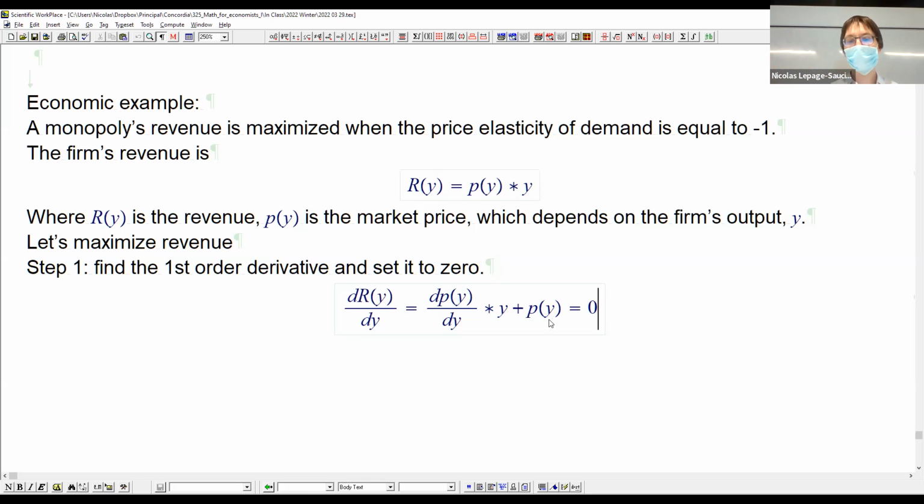So in the micro class, you may remember something like delta P, delta Y. So that was just a sneaky way of using derivatives all the time, but not telling you about them. Because our lives are so hard if we can't use derivatives in economics, because we use them all the time.